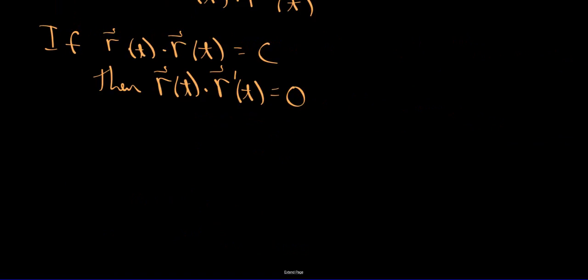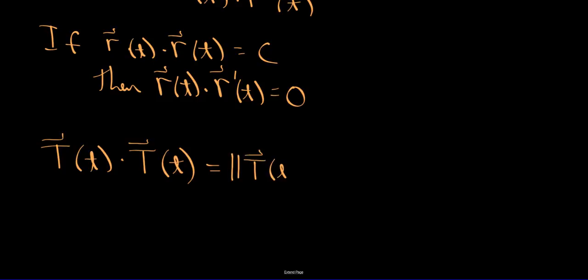Now, let's go back and look at T. What if we dot product T with itself? Is that going to be a constant? I think it is, because we know a property of dot products: this right here is the magnitude squared.